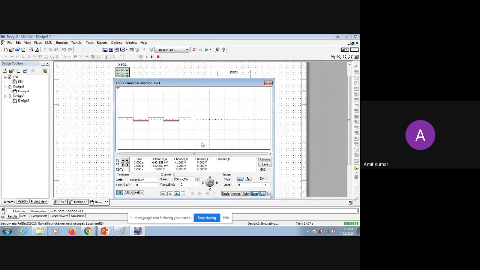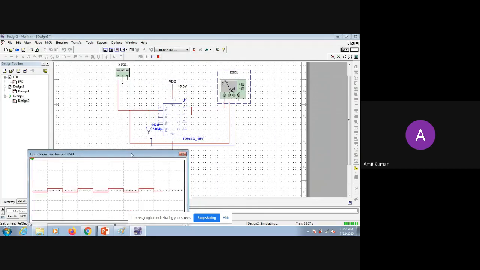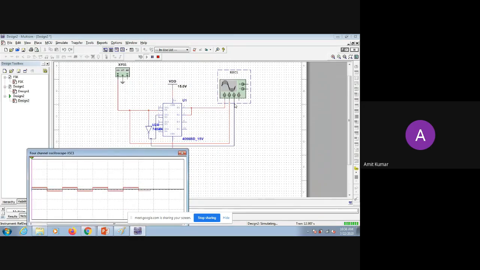We are having an issue with inverter output because if you see in this figure, this inverter output is taken at C channel.